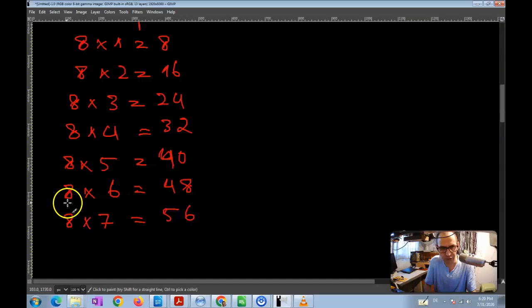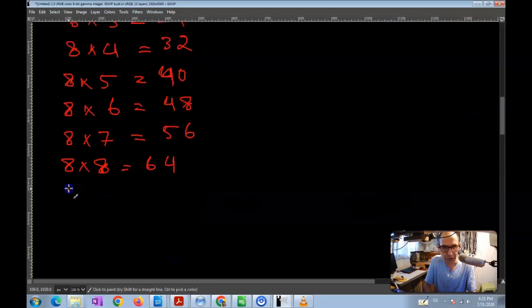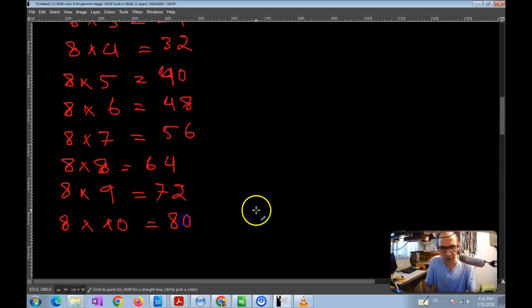The difference always has to be an 8. So 48 plus 8 is equal to 56, and 40 plus 8 is equal to 48. 8 times 8 is equal to 64, and 8 times 9 is equal to 72. 64 plus 8 is equal to 72, and 8 times 10 is equal to 80, right?